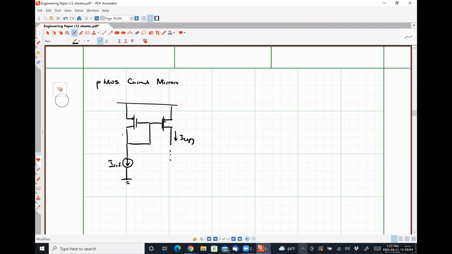There we go. So that's our basic configuration. And again, usually the reference current for our PMOS current mirror is supplied by an NMOS current mirror.